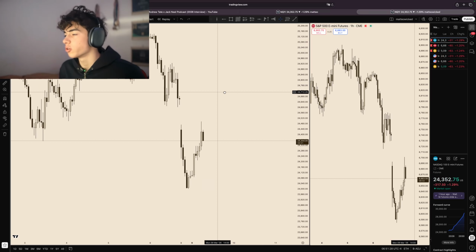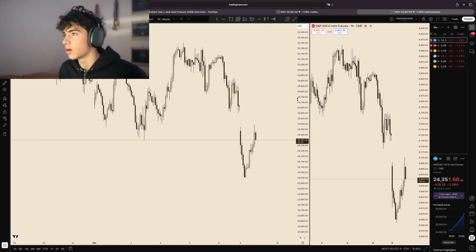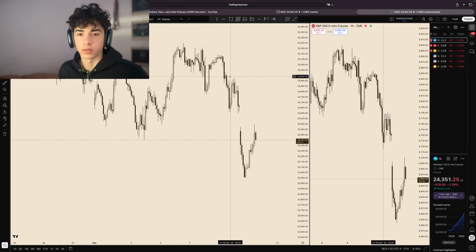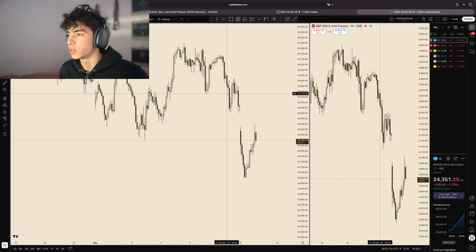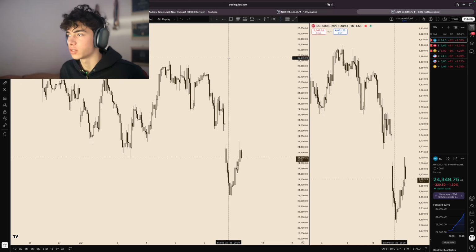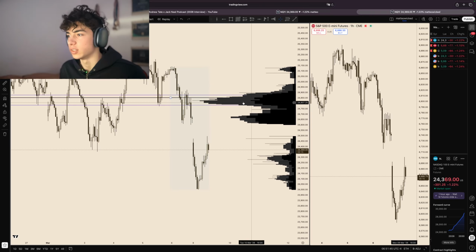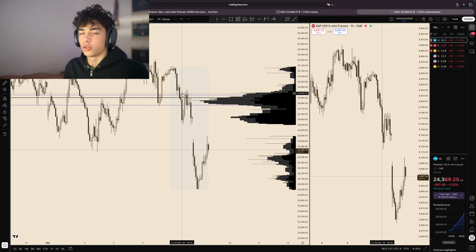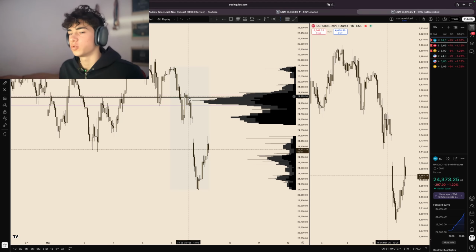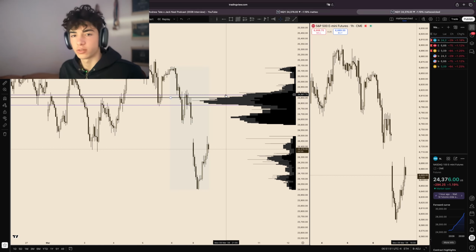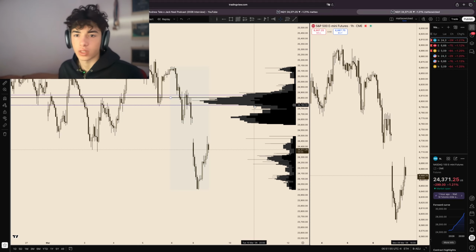Today I wanted to show you a tool that I use almost in every single one of my trades, which is the anchored volume profile. So these things here. To be honest, I don't really use this tool on TradingView because now I use AMP Quant Tower, which is more accurate.